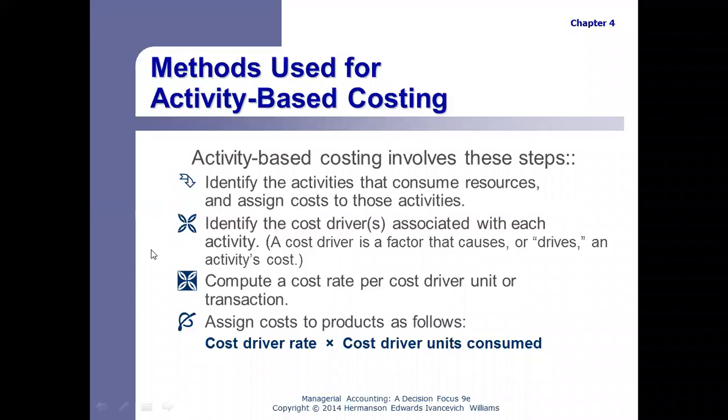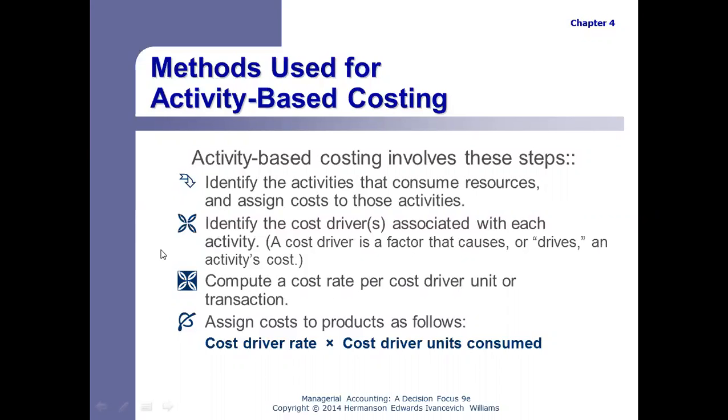How much time did it take us to cut X number of spam into slices? So cost drivers are the way that we're spreading out the cost over the activity. What are we using to spread out the cost? That's a cost driver.